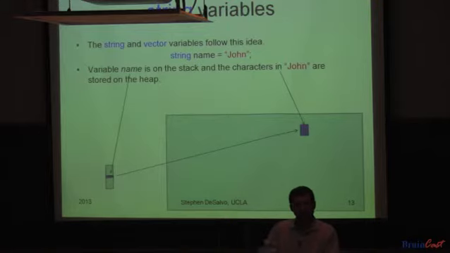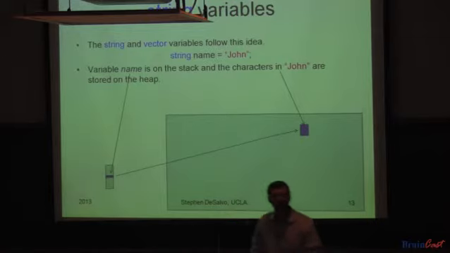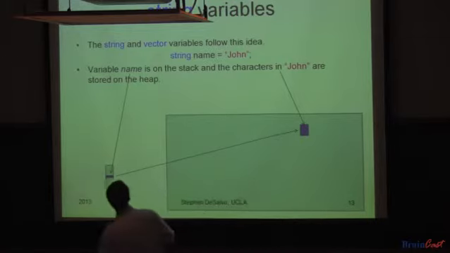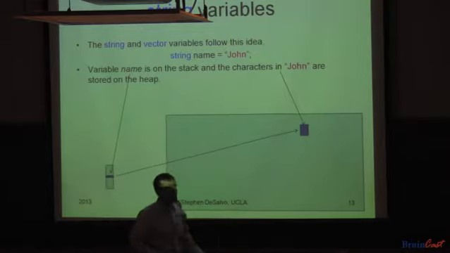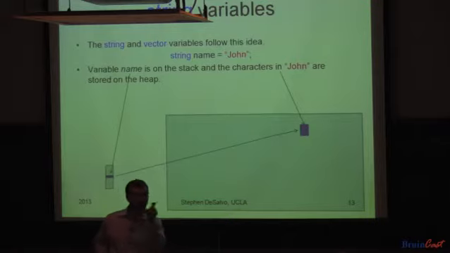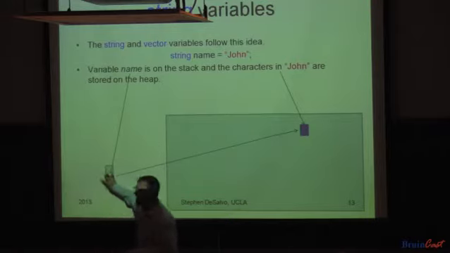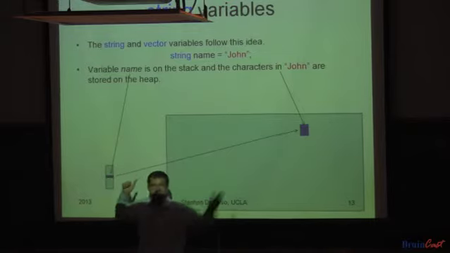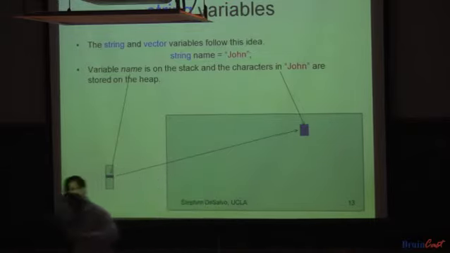A pointer to some location in memory that contains the string of characters, or that contains each character. So again, the idea is a pointer just contains an address somewhere. It's a very efficient data structure. You can store it in this small stack memory, and then it just points to things in this larger pool of memory. Okay?